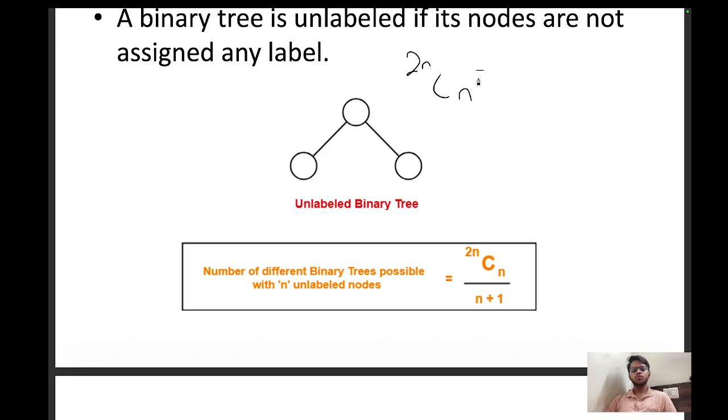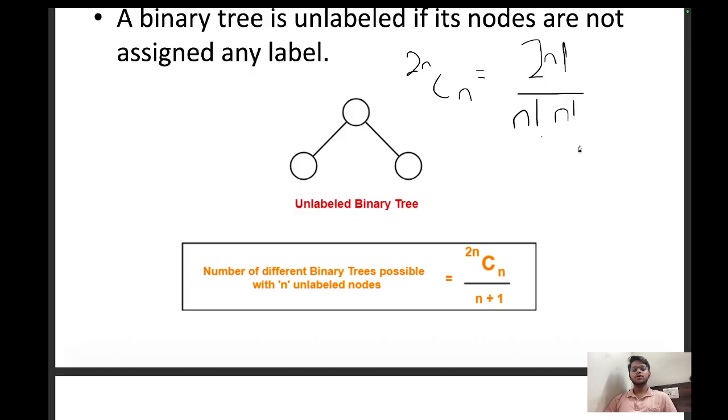For calculating it, we have to write 2nCn equal to (2n) factorial, divided by n factorial in brackets multiplied by (2n minus n) factorial, which, if we simplify it, becomes n factorial into n factorial.